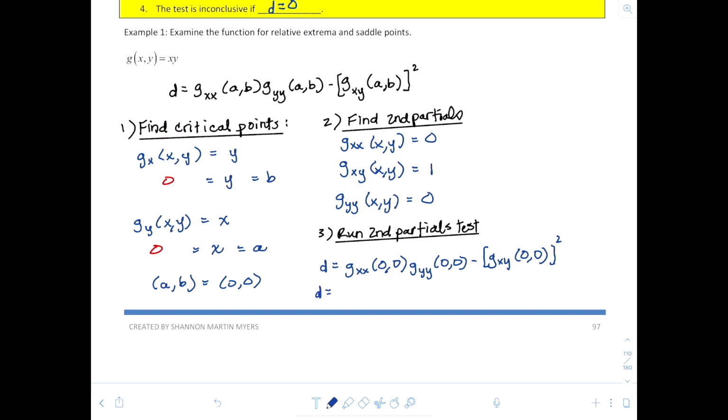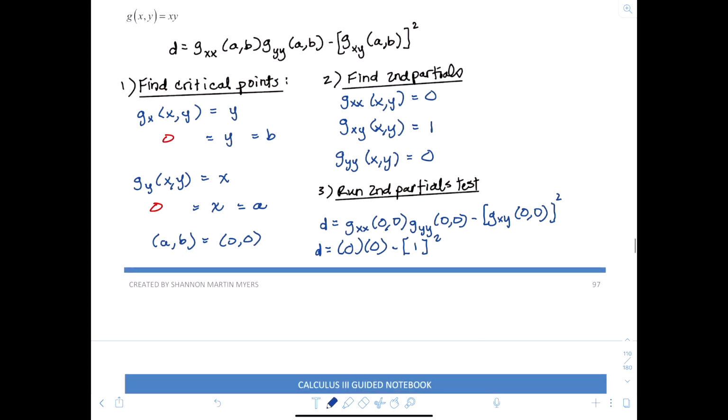So d would equal to, gxx at 0, 0 is going to just be 0, right? Because it was a constant. And the same with the gyy is 0, right? And then gxy at anything is going to be 1. And so d is equal to -1, which is less than 0.